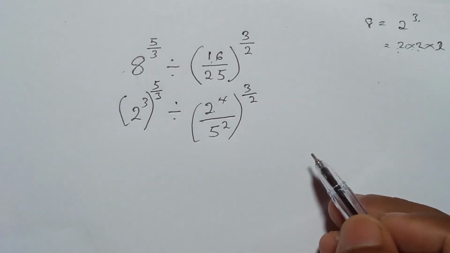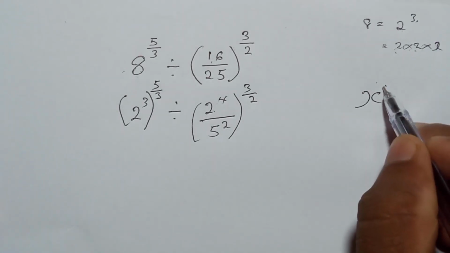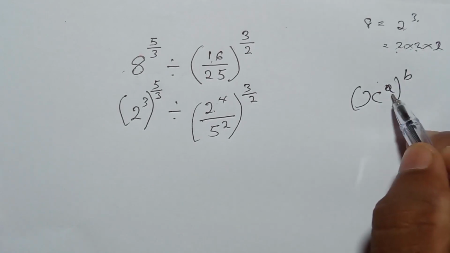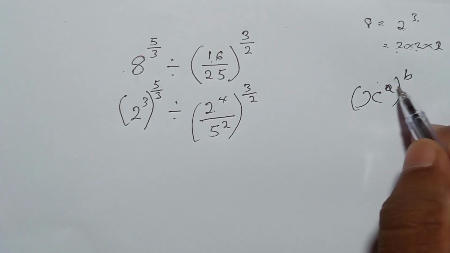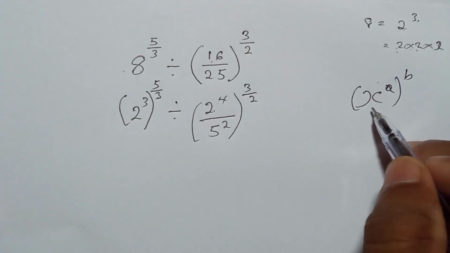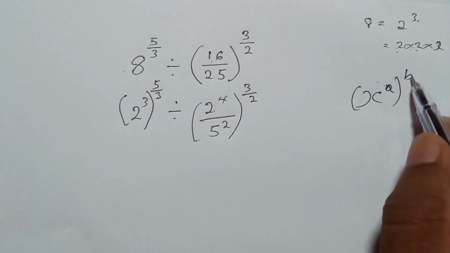And again we learn the index rule. If you have x to the power a, and outside the bracket we have another index b, the base is x but we have two indices, a and b.